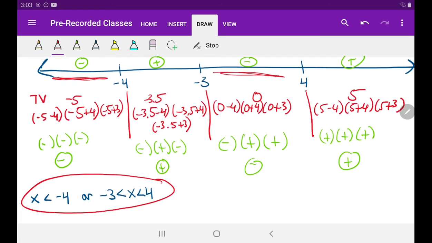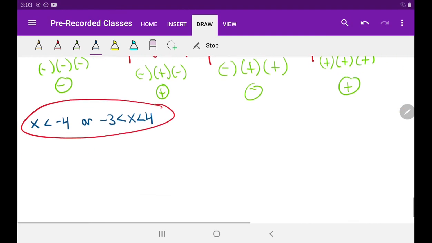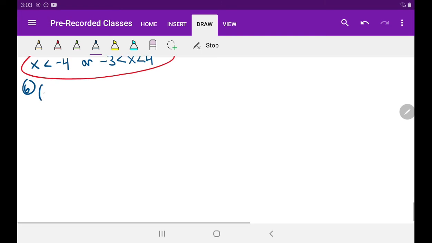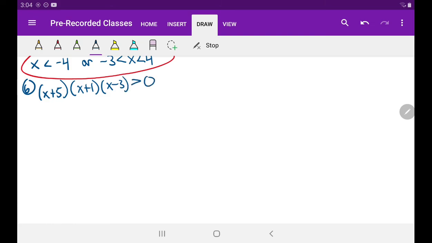Okay, so we'll go on to number 6. For number 6, we have another cubic. So we have 3 factors again. So I have x plus 5 times x plus 1 times x minus 3 is greater than 0.